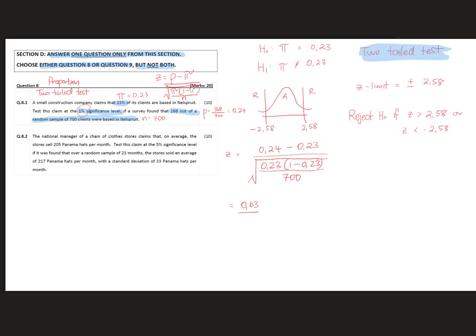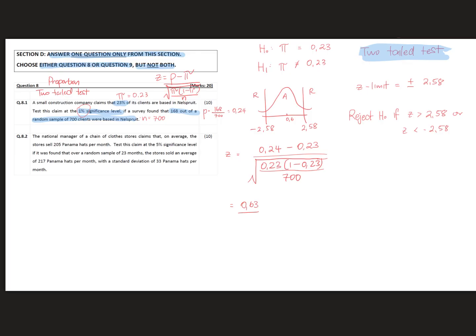And this is why the diagram is so useful, because now you can actually plot the 0.63, and it will naturally fall somewhere towards the center because it is obviously below the 2.58. So this is now in your region of acceptance. And like that, you can see that we've now literally been able to visualize and identify that this was the acceptance region. So the diagram is really useful in that sense.